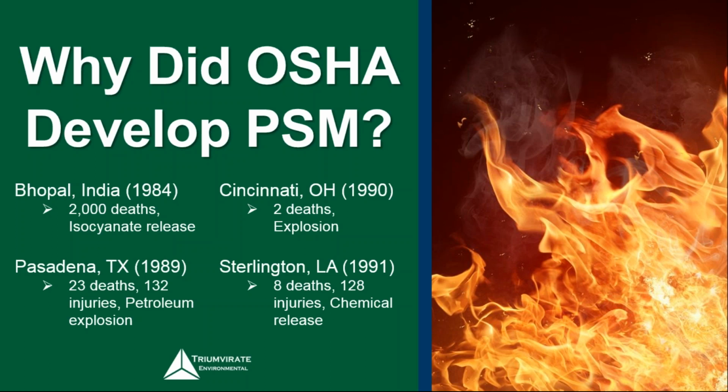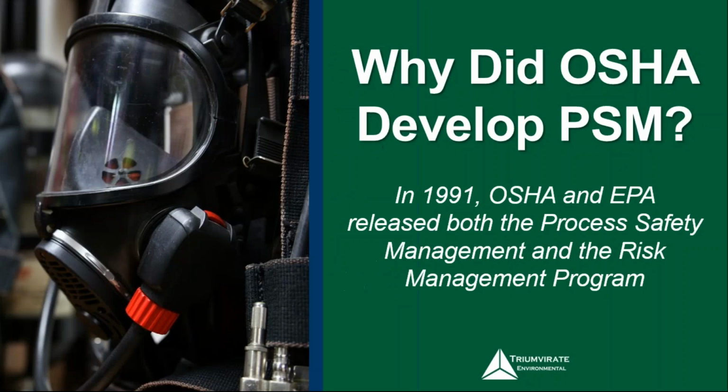So it was a combination type of rule. I hear this a lot too, though, because back in 1991 when this rule was released, we also got the Risk Management Program out of the Clean Air Act released at the same time. They are distinctly different in many different ways.